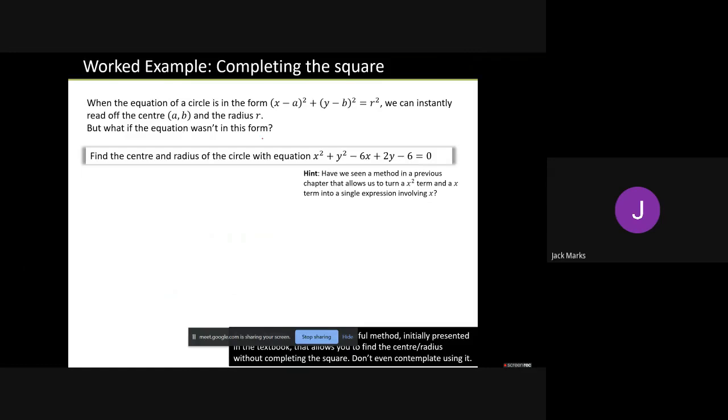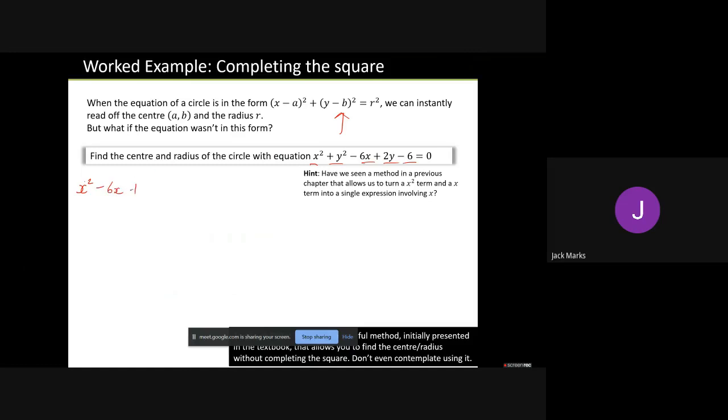We can disguise this a little bit by presenting an equation like this with lots of x squareds and x's and y squareds and y's and numbers. And this is an example where we can actually use completing the square to write it in this format. So keep the x's together. X squared minus 6x.